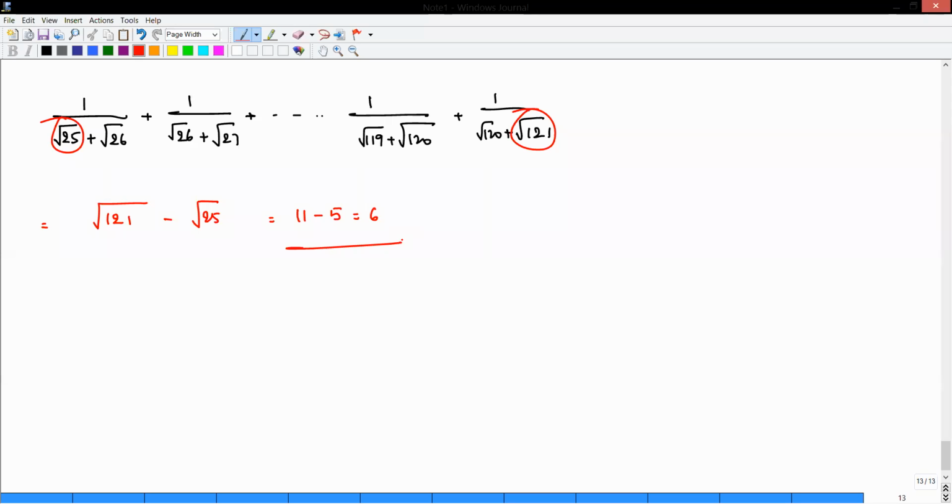It's going to be 11 minus 5, which is equals to 6.